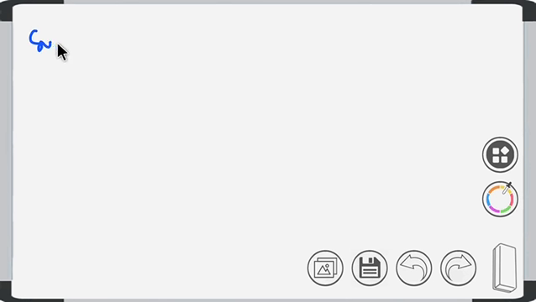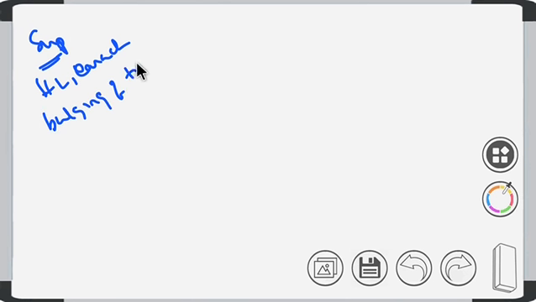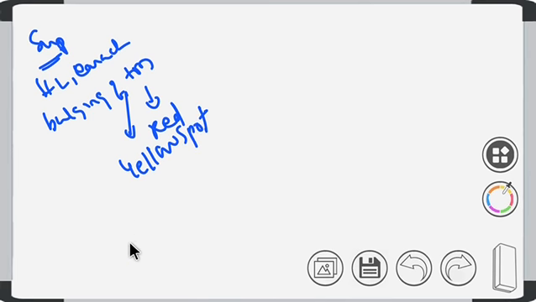In the stage of suppuration, what we saw is hearing loss, earache, and we saw bulging of tympanic membrane, and we saw redness of tympanic membrane, and we also saw yellow spot. Clear?